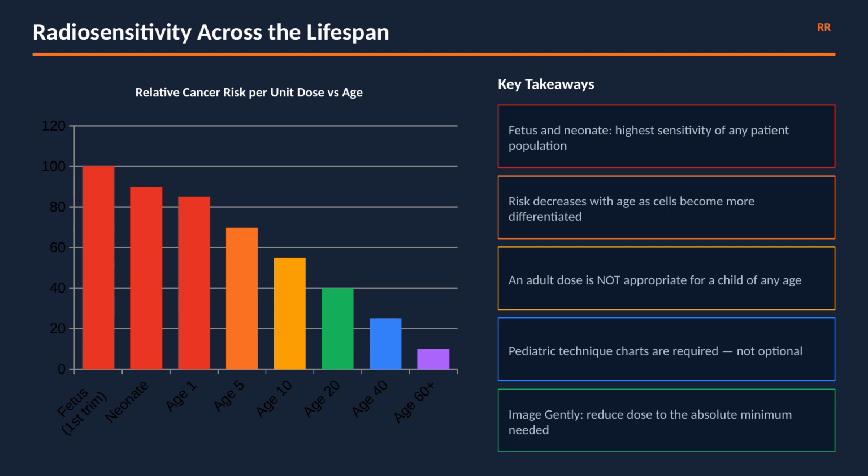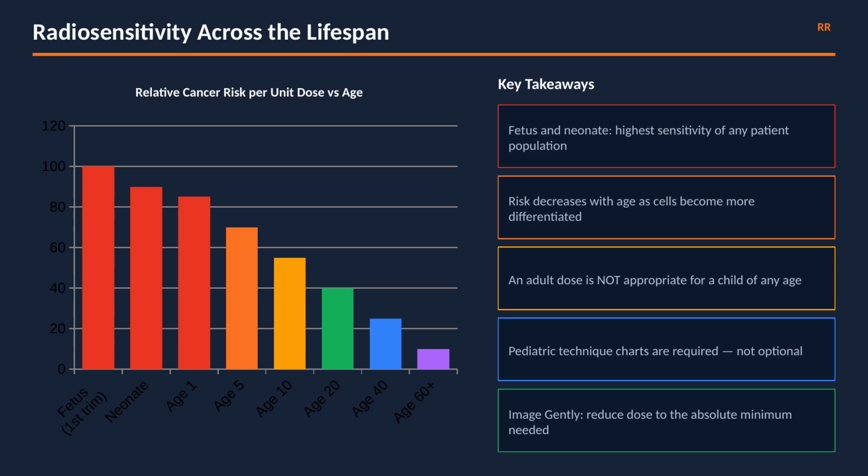Fetus and neonate at the top, highest radiosensitivity of any patient population we encounter in radiography. Age 1 and age 5 remain dramatically higher than the adult baseline. By age 40, risk has fallen to roughly 25% of the pediatric peak. By age 60, it is approaching 10%.